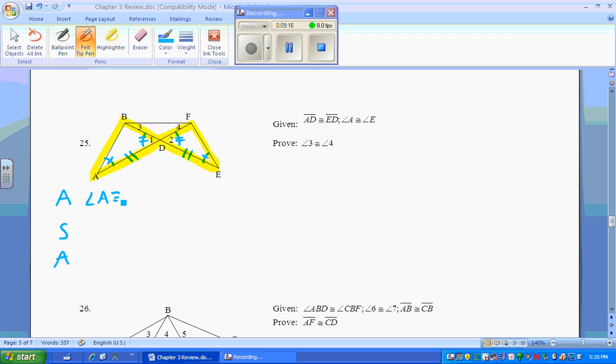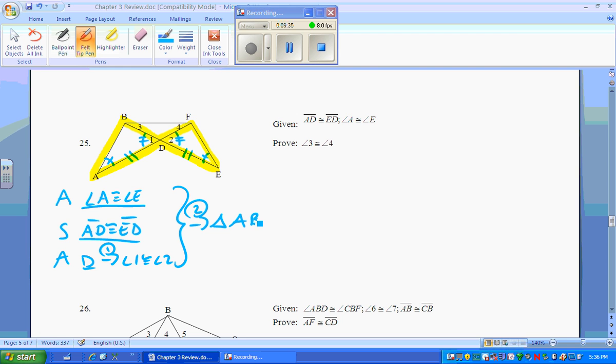So A is congruent to E. The side was AD being congruent to ED. And the other angle came from the vertical. So from the diagram, reason 1, angle 1 was congruent to angle 2. We just proved triangle ABD being congruent to triangle EFD.